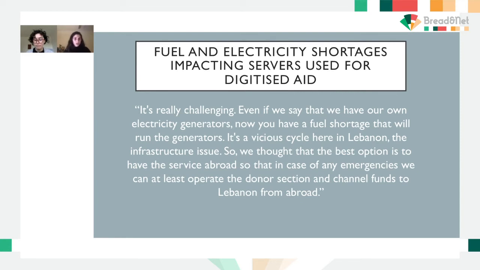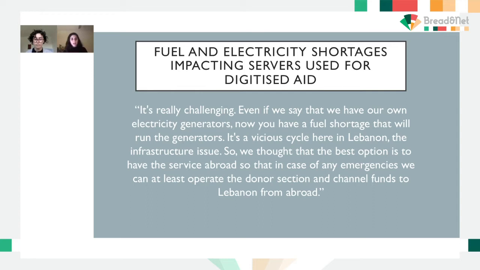So another interesting point that my research found is that INGOs operating their own digital platforms to coordinate and disperse aid are now challenged by the fuel and electricity crisis. So one individual I spoke to who coordinates a digital platform that provides aid to beneficiaries and also coordinates the different partners that provide social assistance was trying to grapple with these challenges with the fuel and electricity crises taking place in the nation.